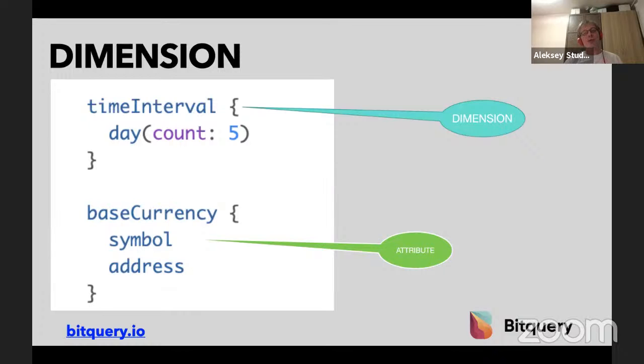So attribute means that sometimes you need just symbols of currencies, sometimes you need addresses, and sometimes you need different aggregations of dimensions. So you can consider attributes as sub-dimensions. And the level can be not just one as here, but it can be more than one. So you can have a dimension, then you may have an attribute, and you have an attribute of this attribute, and so on. So it can be as deep as you need it.